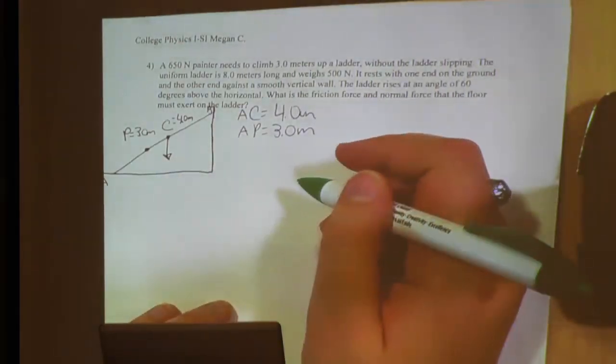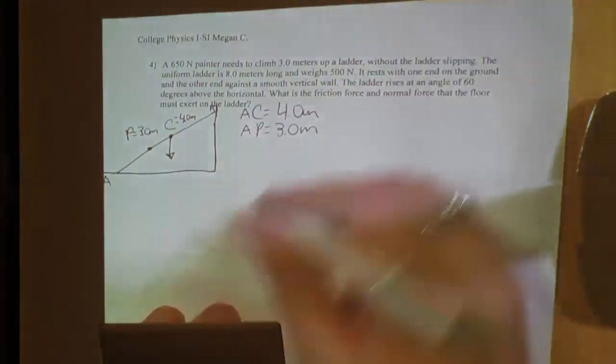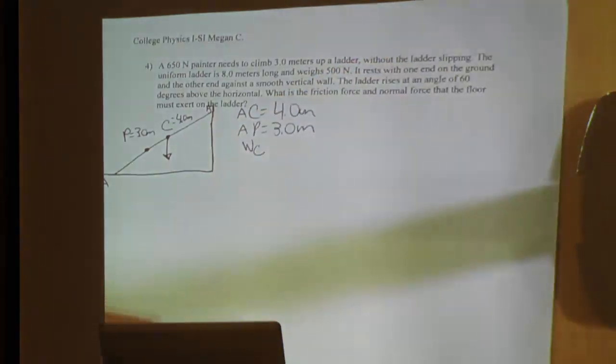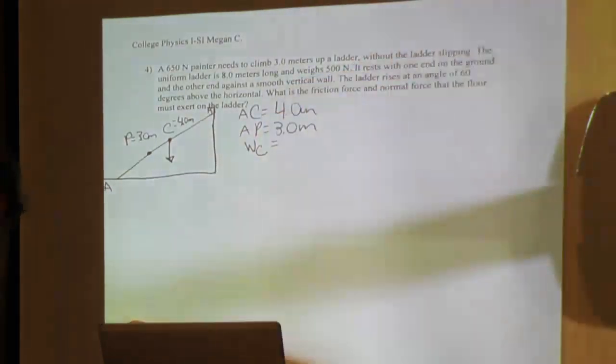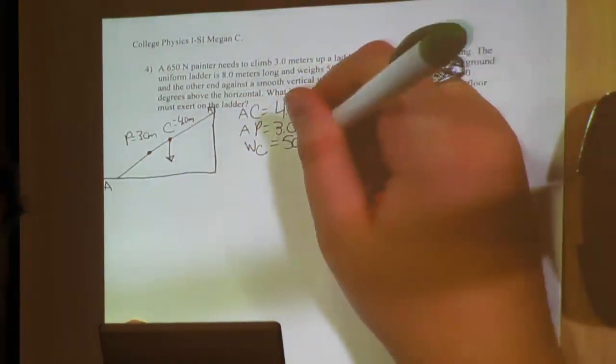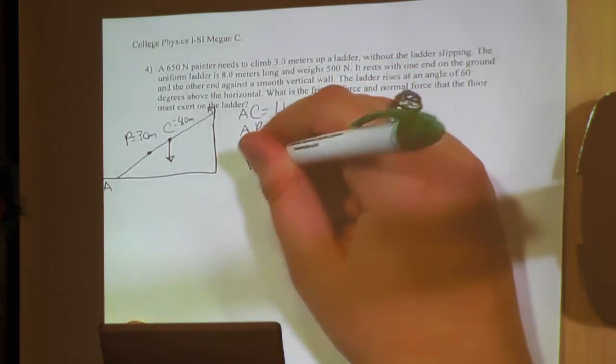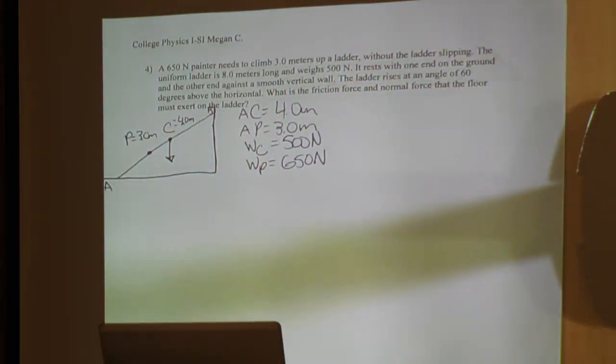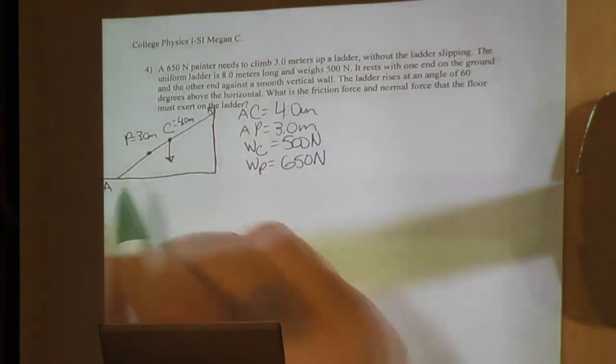And then we also need the weight of the ladder, so we're going to say C for the center of the ladder, and that's going to be 500 newtons. And then we're going to have the weight of the painter, which is going to be 650 newtons. Okay? Let's see, what else did it give us?